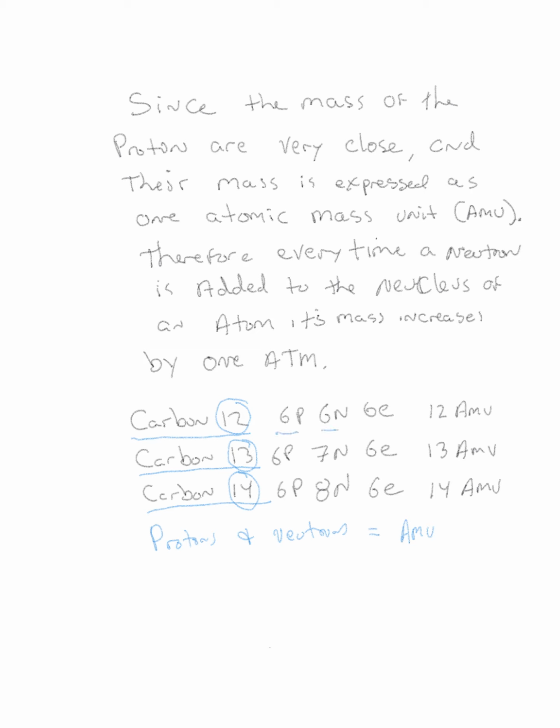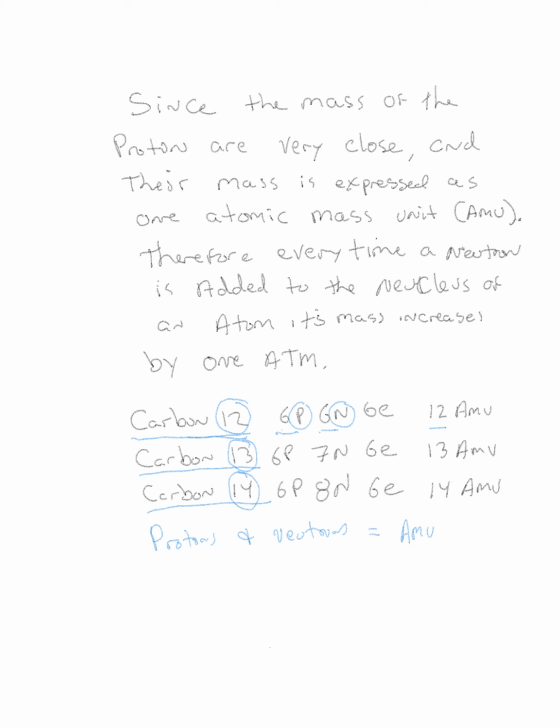If you add them together, it's 12. So there are 12 atomic mass units, because protons and neutrons, their mass is an atomic mass unit. So a carbon-12 atom, that's an isotope, has 6 protons and 6 neutrons, and its mass is 12 atomic mass units.